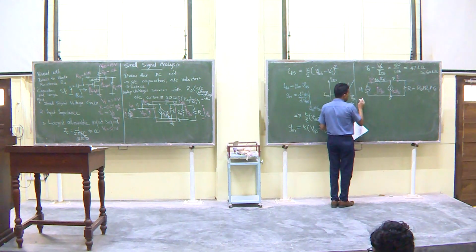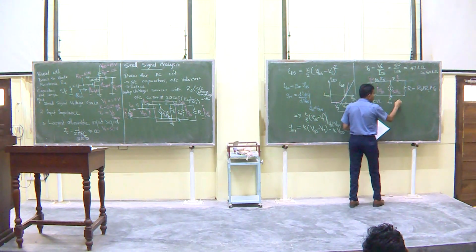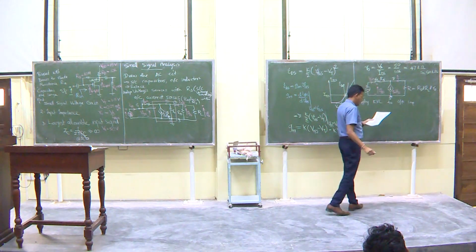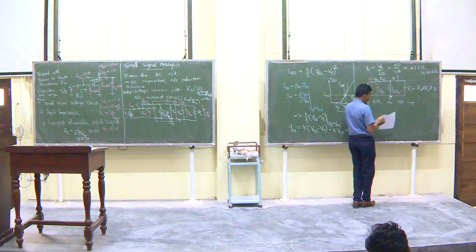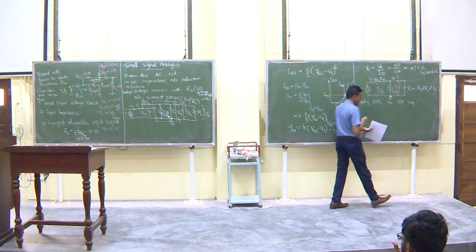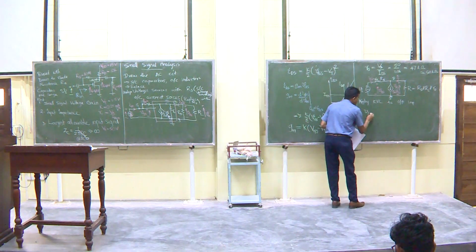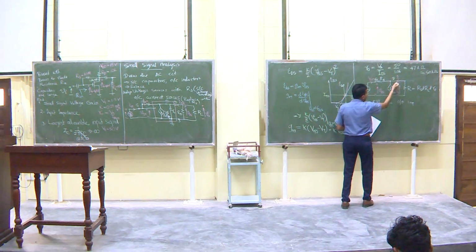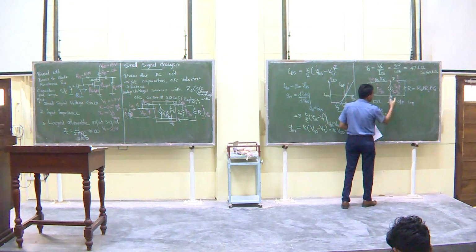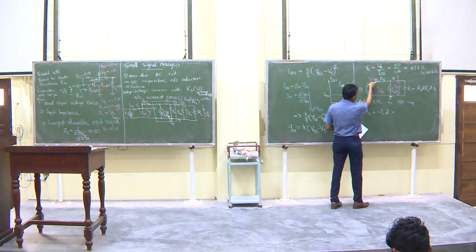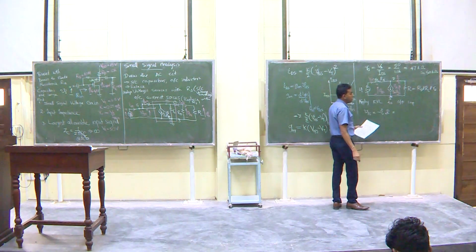So if I apply Kirchhoff's voltage law to the output load, this loop, I get VDS is equal to minus I times R. But I is I in plus gm VGS, right?